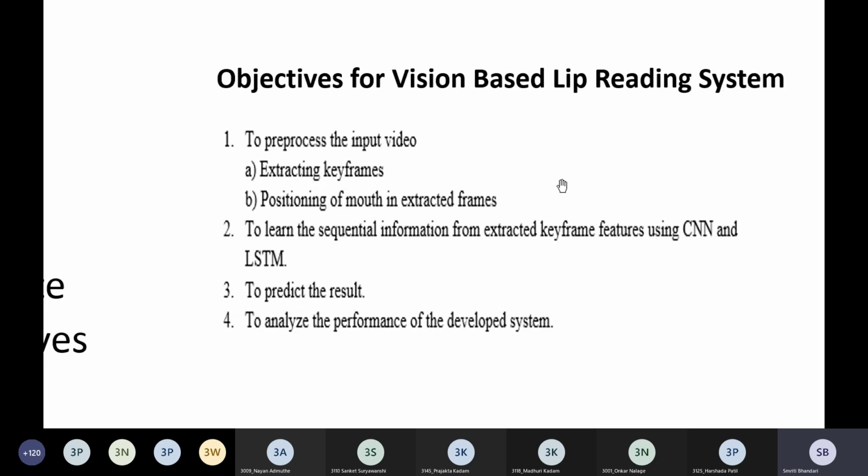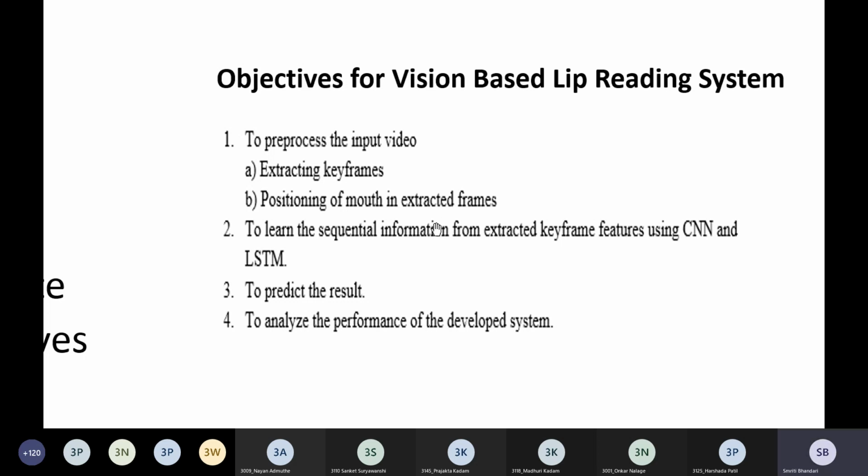Even though we have the entire face of the speaker available in the video frame, we are not interested in analyzing the entire face, but we are interested in analyzing the lip movements. And that is why we need to extract only the mouth region or the lips from these extracted keyframes, right?